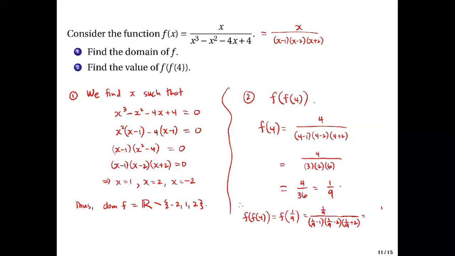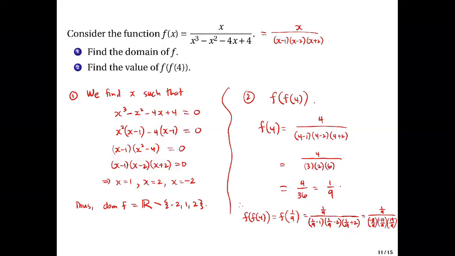We have in the numerator, that's still 1 over 9. For the denominator, we will have negative 8 over 9 for this one, and then negative 17 over 9 for this one, and then 19 over 9 for this one.